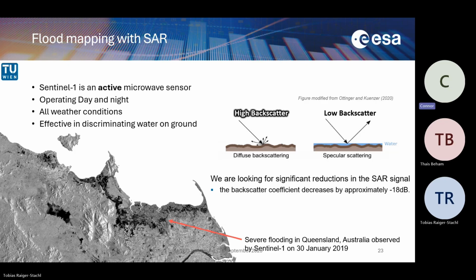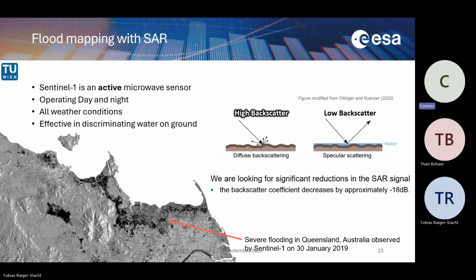And here is a very intuitive scheme of how backscatter values differ between land and water. We normally have a rough surface over land, which creates diffuse backscattering, resulting in a high backscatter value in general.